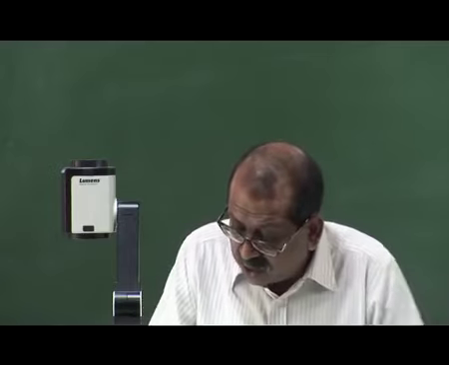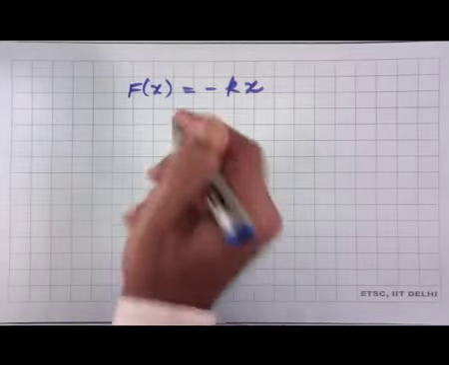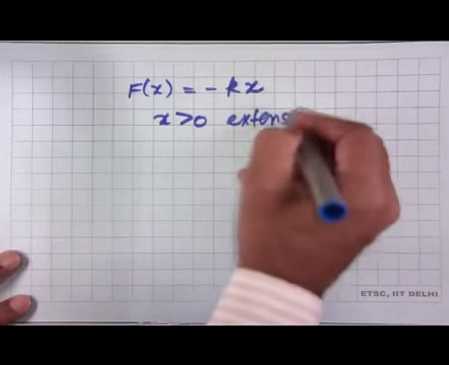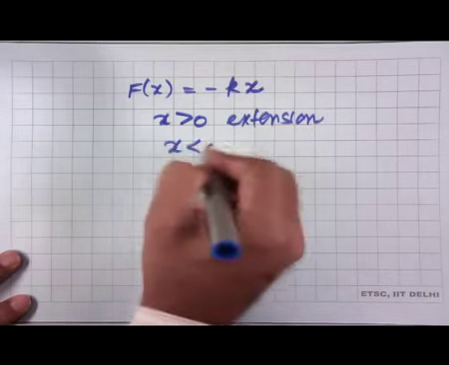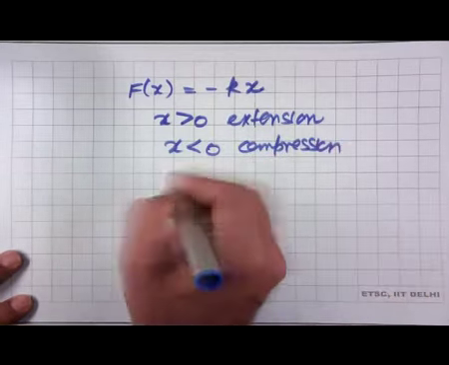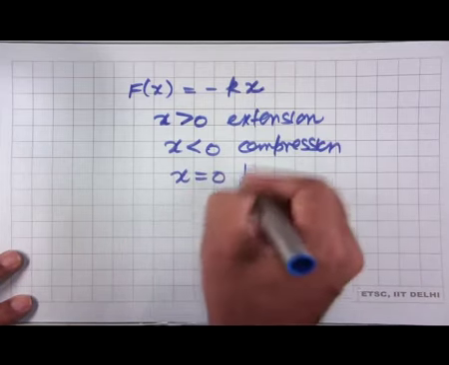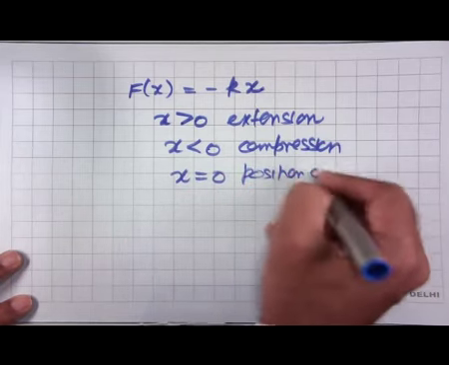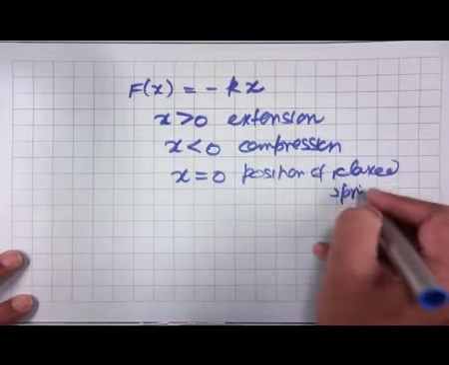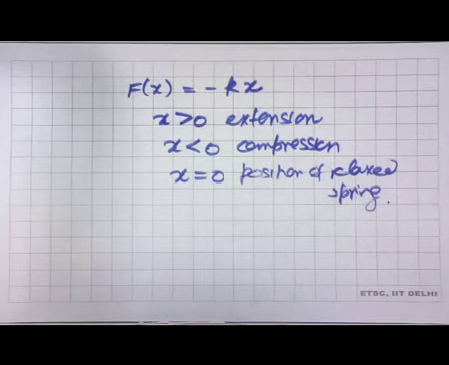So, f of x for a spring is equal to minus kx, where x greater than 0 means extension, x less than 0 is compression, and x equal to 0 is the position of the relaxed spring, and there is no extension or compression.